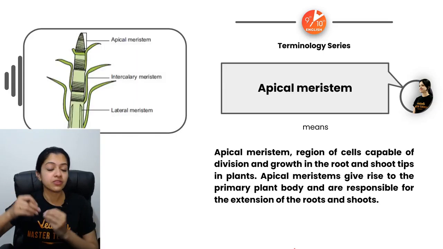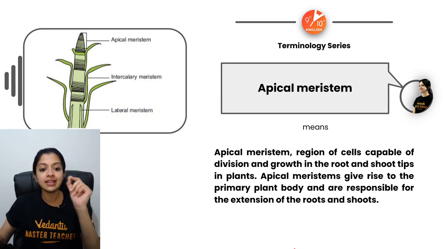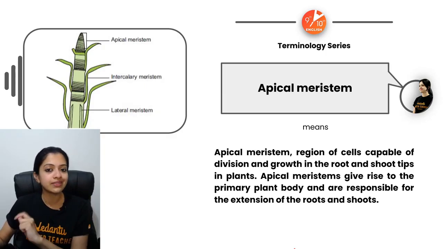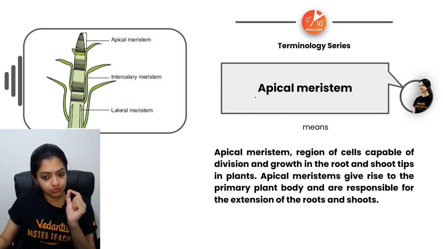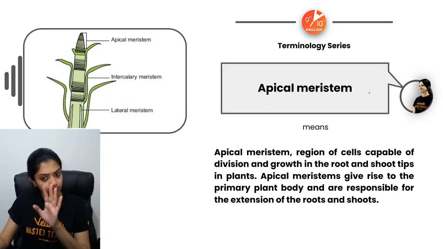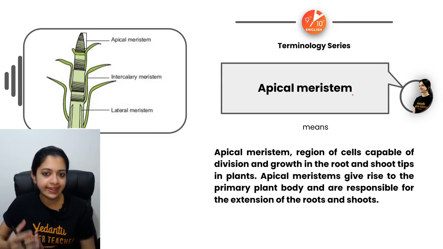Now coming to the types of meristematic tissues, there are three major types: apical, intercalary, and lateral. Listen carefully, children, because these terms are quite often confused with each other. To recall the meaning of meristem, always remember it's the type of tissue whose cells can constantly divide, right?